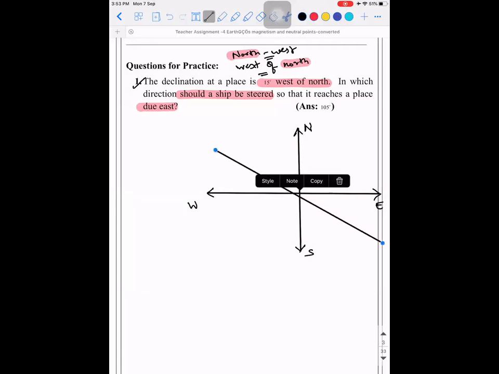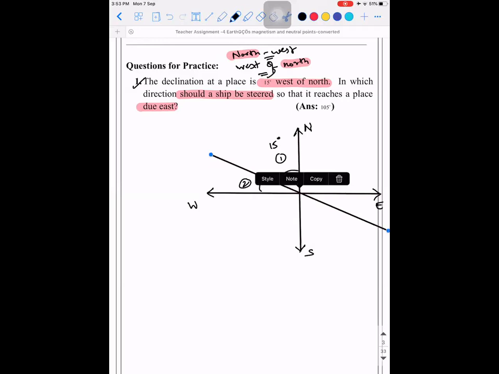West to north, there is some line like this. Now, which angle should be taken as 15 degrees? This one or this one? Because they're saying 15 degrees west of north, which one should I take? First option. Yes, you should take this as 15 degrees north.